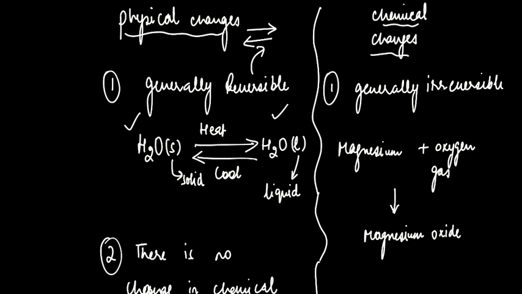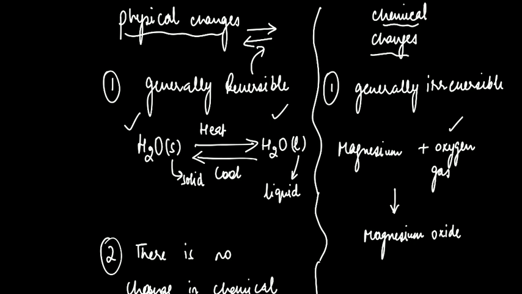Magnesium is available in the lab in the form of a white ribbon. If you hold it and burn it with a Bunsen burner in the presence of air, we have our oxygen gas. The compound formed here is magnesium oxide.